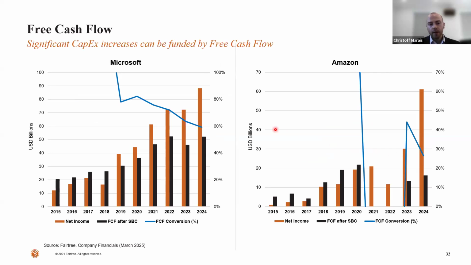On the left-hand side, I have the net income, the orange bar, and on the right-hand side, the free cash flow of the companies. The difference between net income and free cash flow has increased in recent years due to the companies spending huge amounts of capex. But all of this is funded internally with their own cash rather than debt, which is quite different from previous IT cycles.